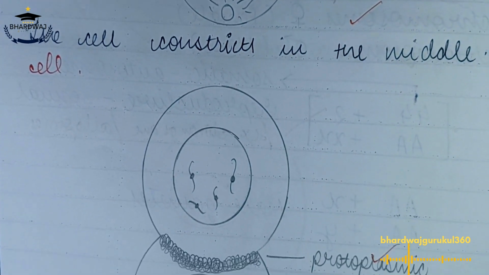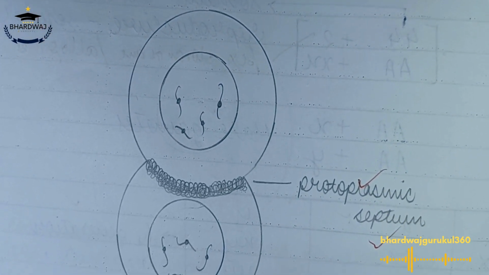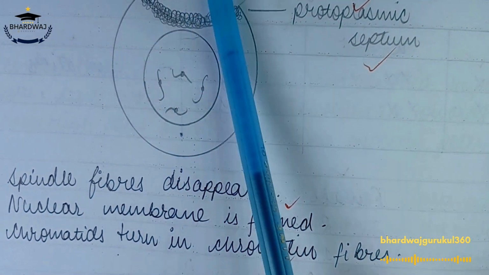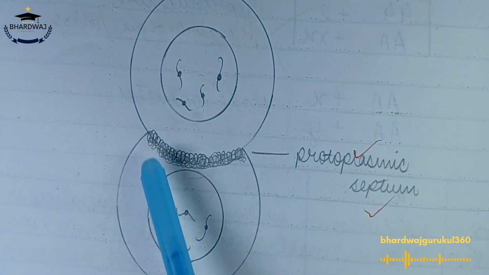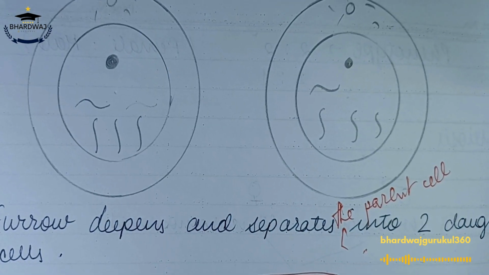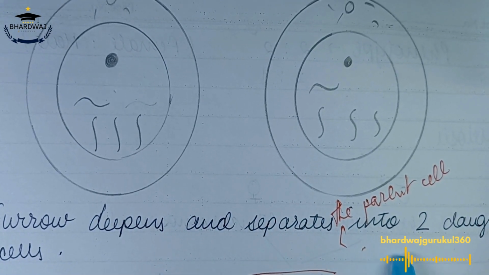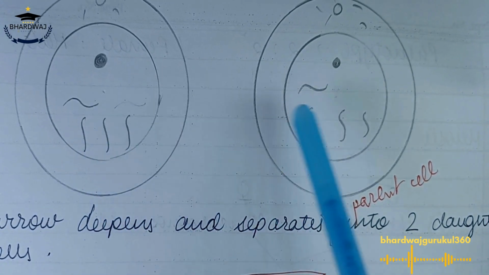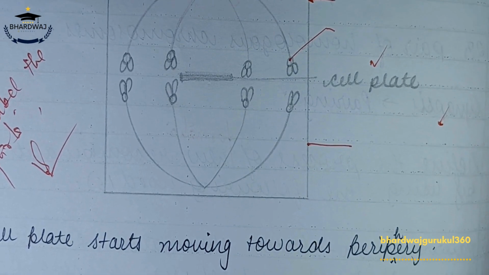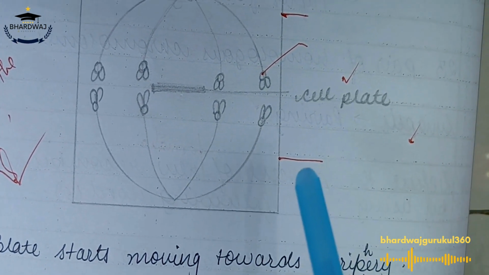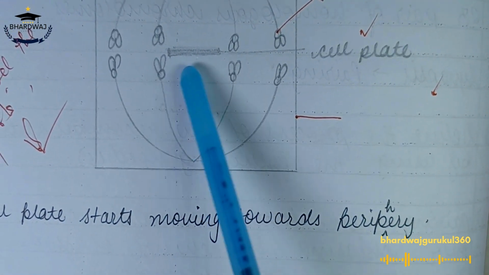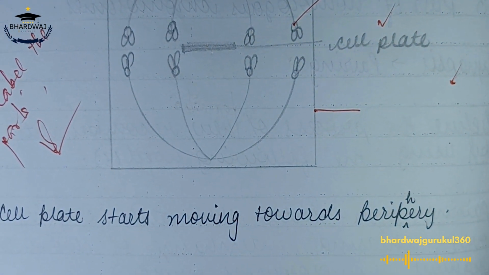Spindle fibers disappear, nuclear membrane is formed, chromatids turn again into chromatin fibers, and the two daughter cells are formed and are separated by a protoplasmic septum. The furrow deepens and separates the parent cell into two daughter cells. As you can see, they are identical and have the same number of chromosomes. And if it would have been a plant cell, then the cell plate starts moving towards the periphery and the division takes place.